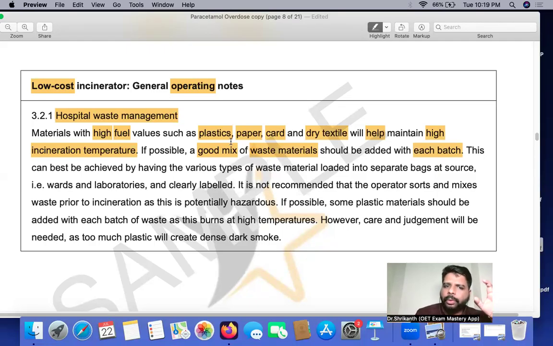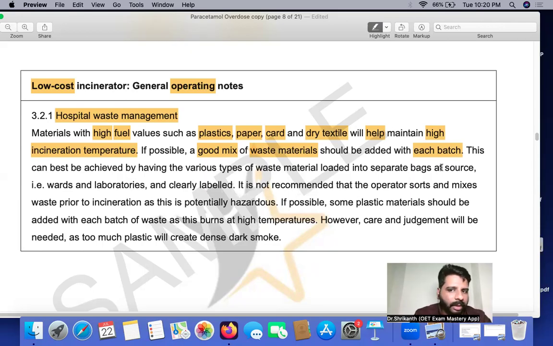Don't put only plastics, don't put only paper, don't put only dry textile. Mix all of them together and then put into each batch. Don't put just one particular thing. That is another helpful piece of advice. If you want to utilize this incinerator very nicely, then give a good mix and put it into the batch.